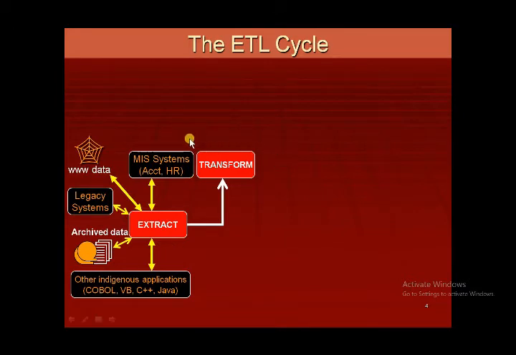Again, I already discussed, we have to transform the data in a way that can be stored inside a data warehouse. In transformation, we have to clean the data. When some of the values are missing, you have to fill those values. Maybe you have to change the format of different things.